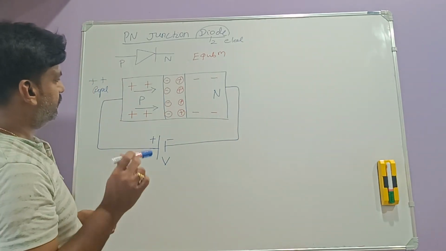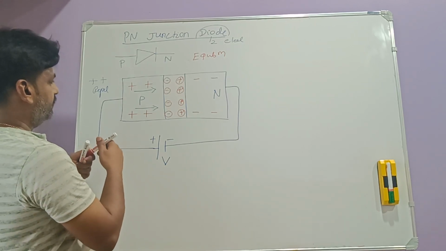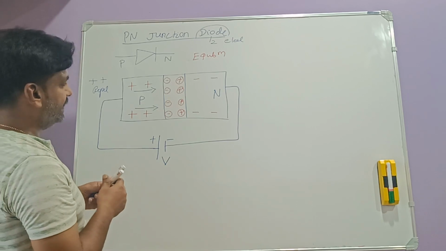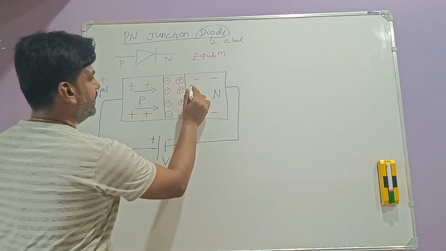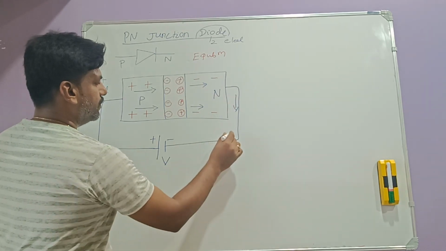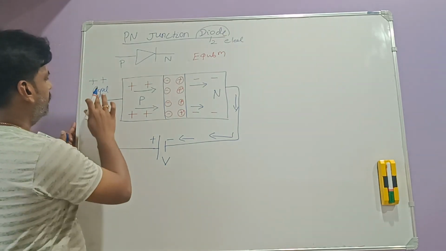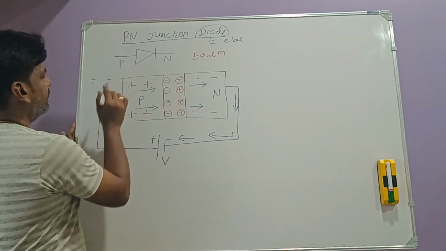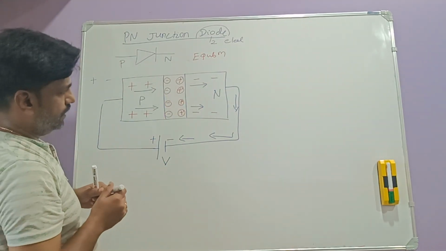One second, one small mistake here. Since it is the P side, the majority charge carriers are holes, and these holes are getting attracted by the negative side of the battery. So this concept, positive is getting attracted by negative, so the holes will start moving in this direction.